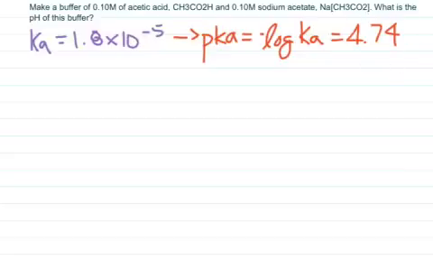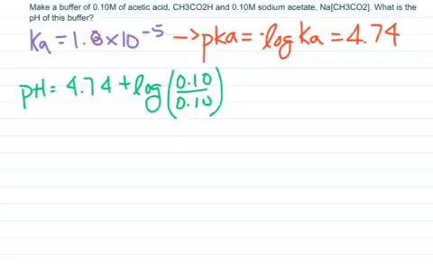Now because I do know the molarities of my acid and the molarity of my base, I can now plug into the Henderson-Hasselbalch equation. So here we go. I get pH is equal to 4.74 plus log of 0.10 over 0.10. Well, 0.10 divided by 0.10 is going to give me 1.